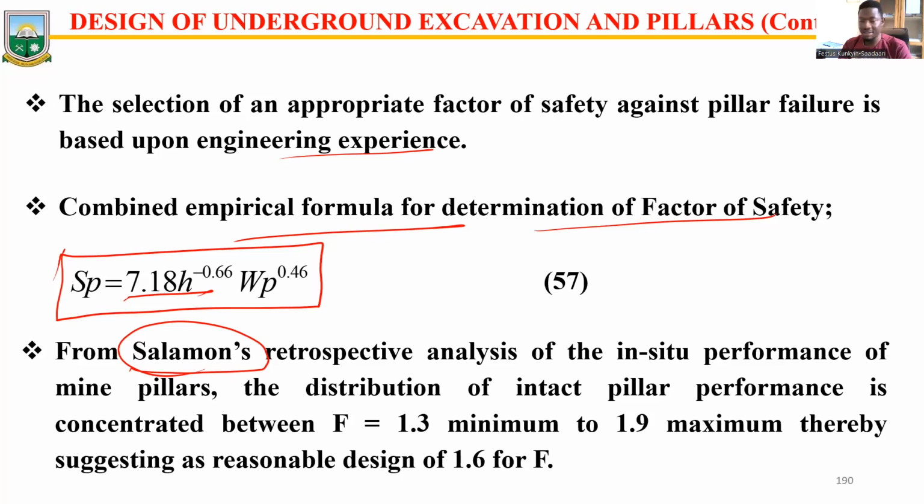And he is saying that no matter the kind of mining arrangement you are doing for your pillars, your factor of safety for pillars, if you want to be on the safer side, minimum should always be 1.3, up to a maximum of 1.9. But if you are in between, it's ideal.